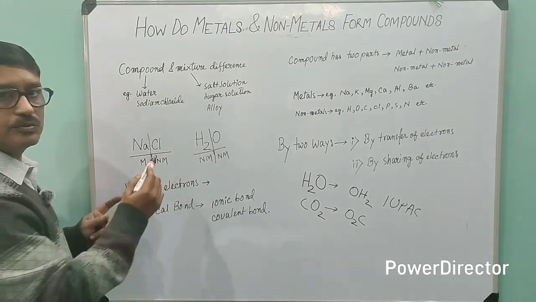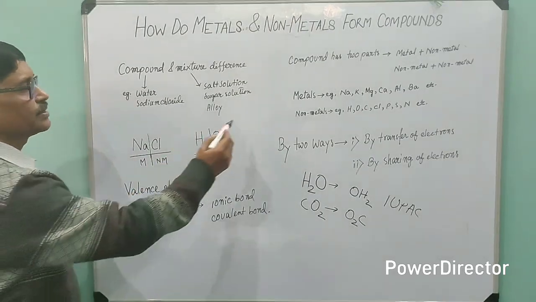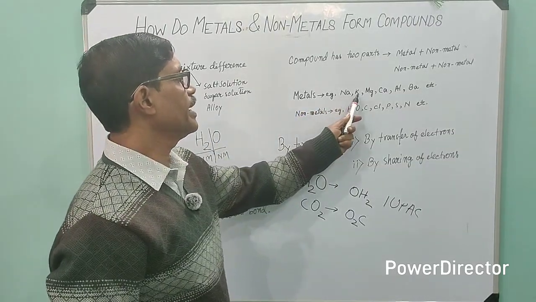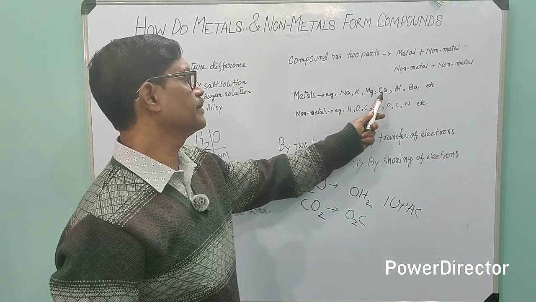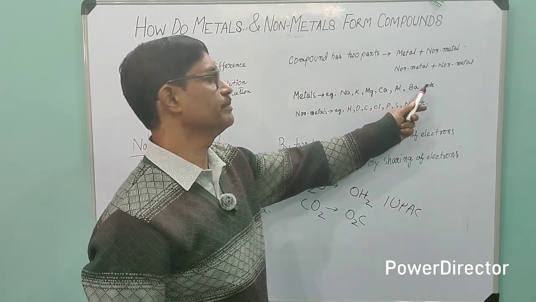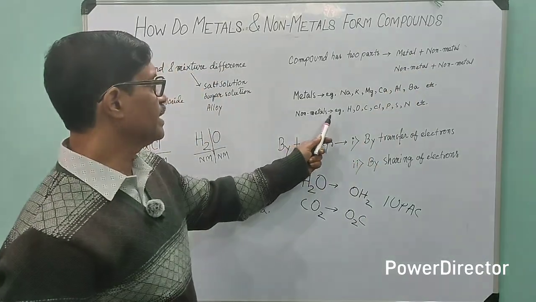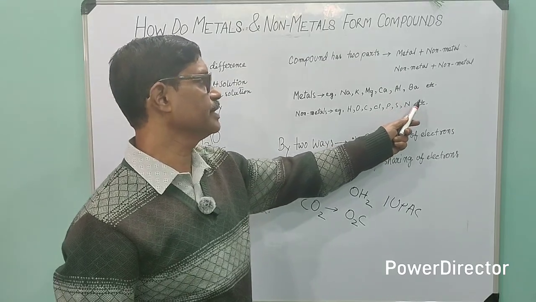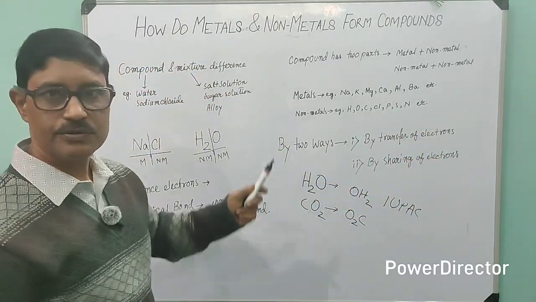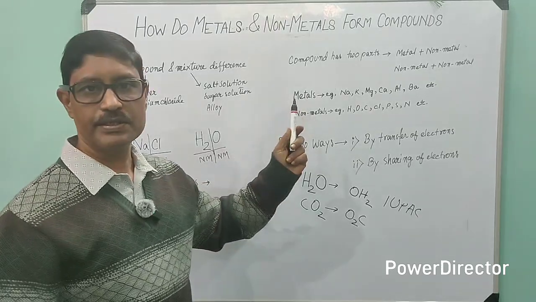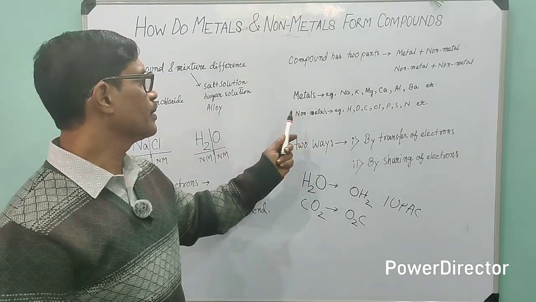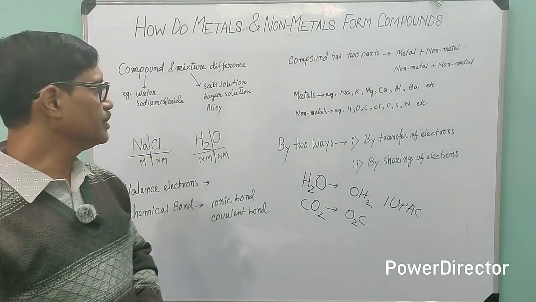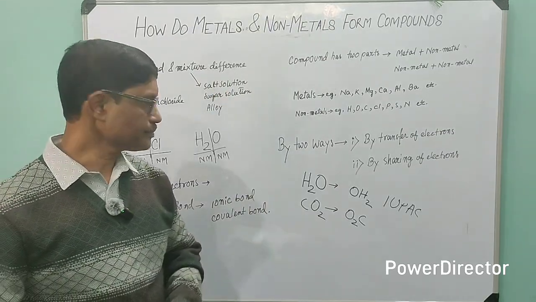Some examples of metals I have written: sodium, potassium, magnesium, calcium, aluminium, barium, etc. Non-metals: hydrogen, oxygen, carbon, chlorine, phosphorus, sulfur, nitrogen, etc. Class 10 students know metals are placed on the left side of the periodic table, non-metals on the right side. So, how is a compound formed?